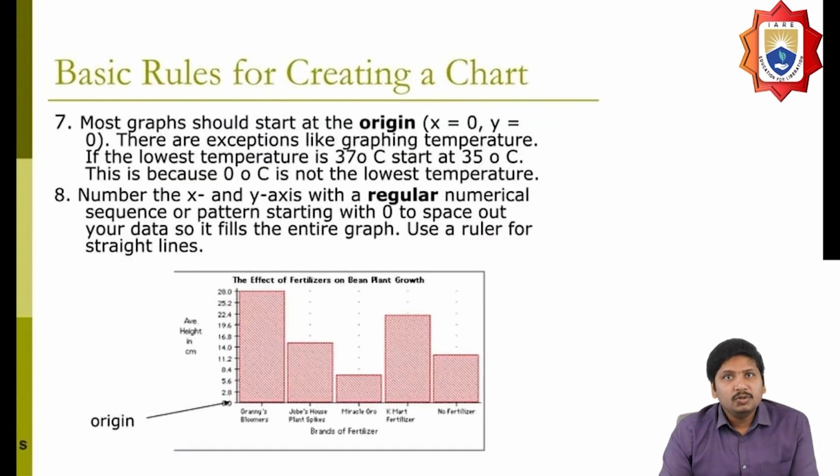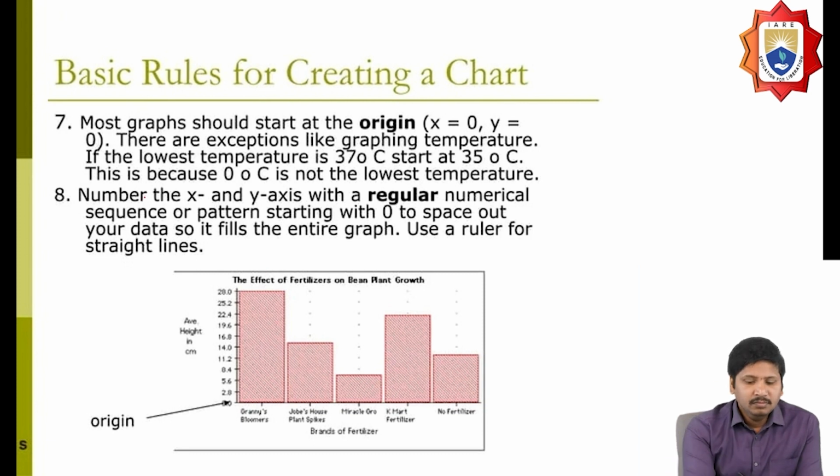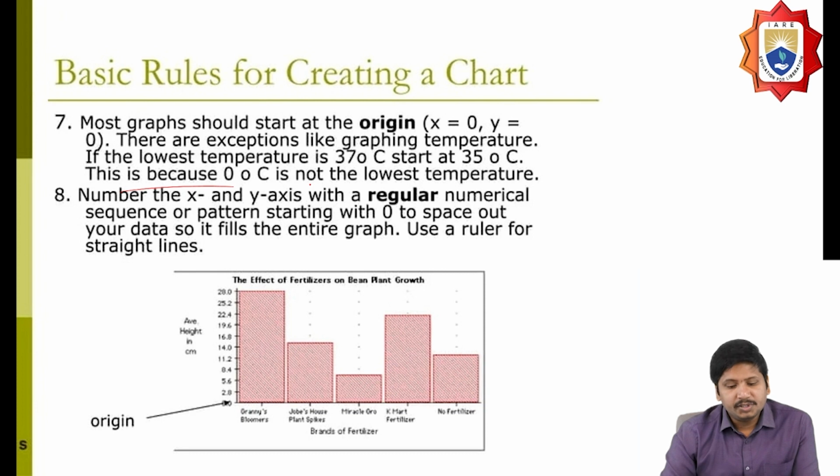So what other rules are we going to follow here? Most graphs should start at the origin, x equal to 0 and y equal to 0. There are exceptions, like graphing temperature. If the lowest temperature is 37 degrees, start at 35 degrees, because 0 is not the lowest temperature.